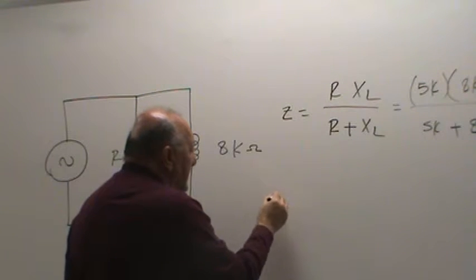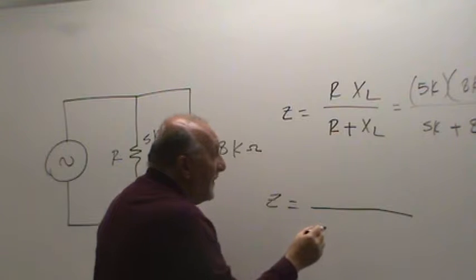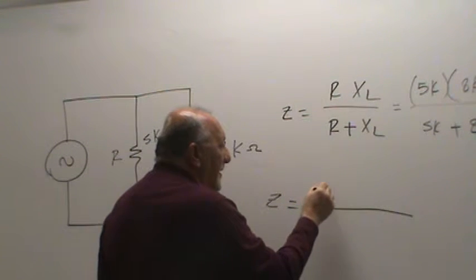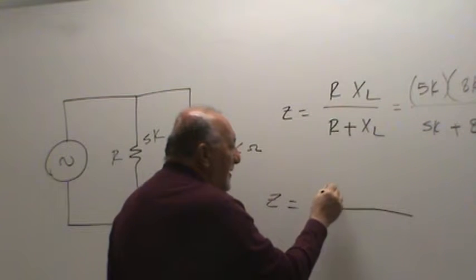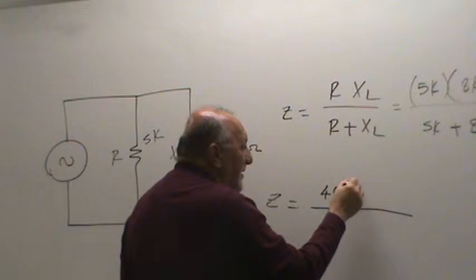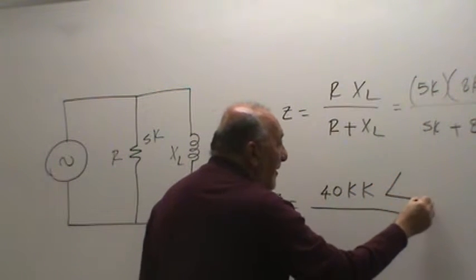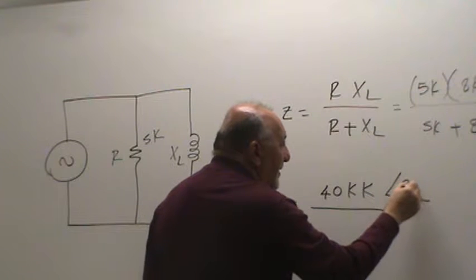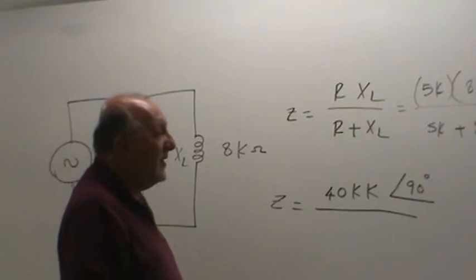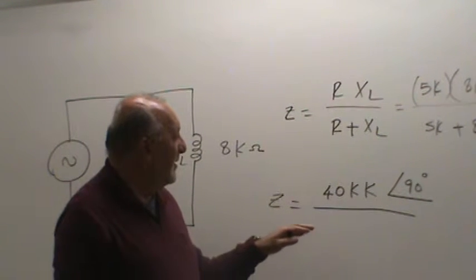So on top I get a Z equal to 5 times 8, 40, 40 mega. Now this is K, okay? I have another K, so I have 2 Ks here, and I have an angle of 90 degrees right there. I say 40 times 10 to the 6th, right?